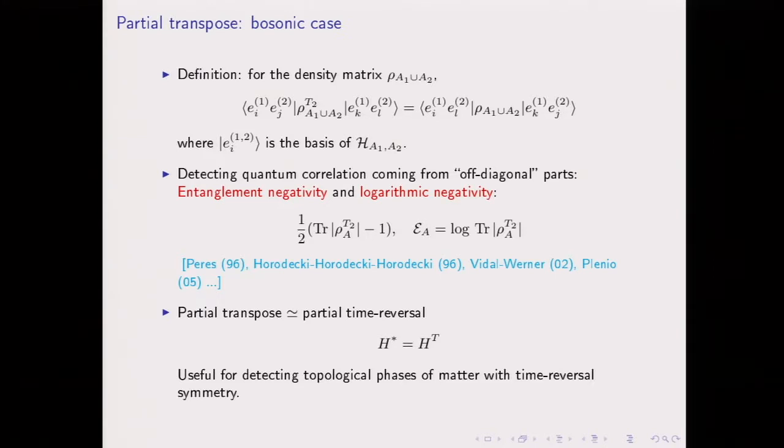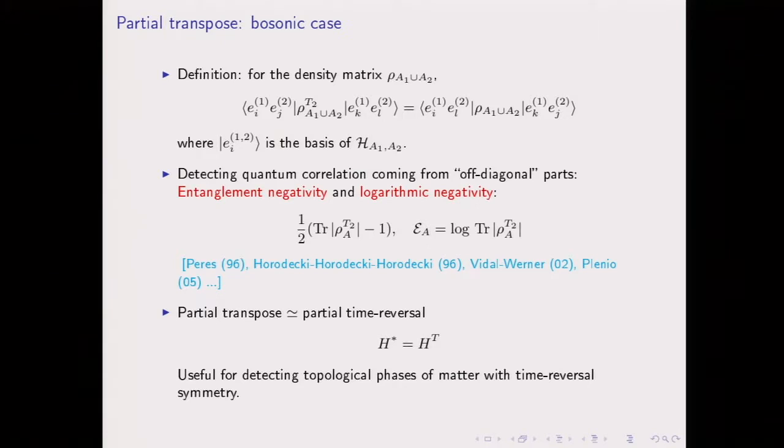Acting on the Hamiltonian, since it's Hermitian, taking the complex conjugation is equal to taking the transpose. Maybe you can also see this from the fact that I exchange input index and output index. So we are kind of reversing the arrow of time. That's what this transpose does.